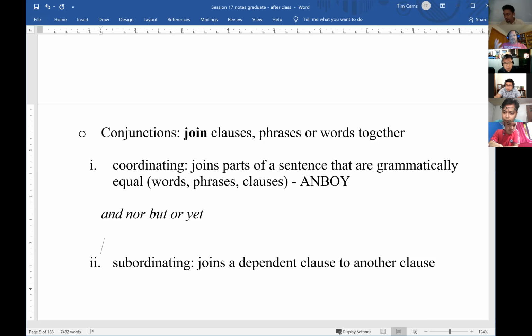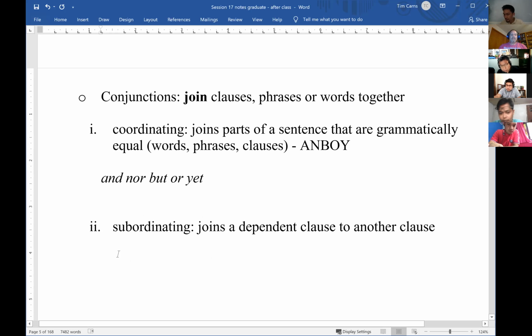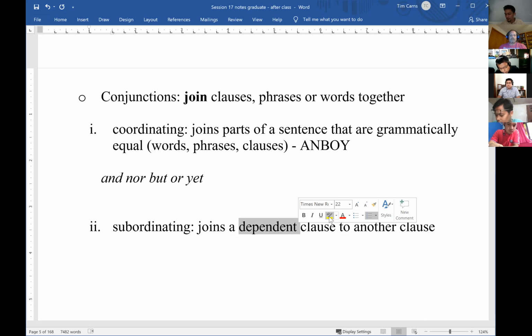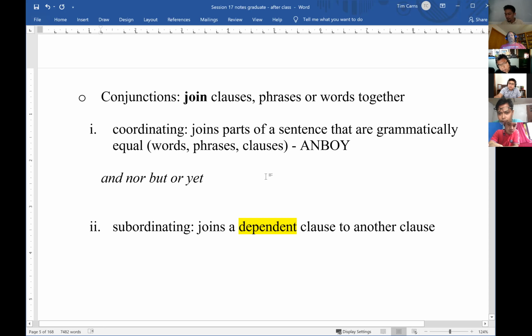Now, that's key, because if they are not a coordinating conjunction, there's only one other type of conjunction. It's called a subordinating conjunction. And that tells us that what it's joining to the sentence is subordinate, that the clause that it's joining is subordinate to some other clause. Therefore, and this is the key word, when you think of subordinate conjunctions, think of dependent clauses.